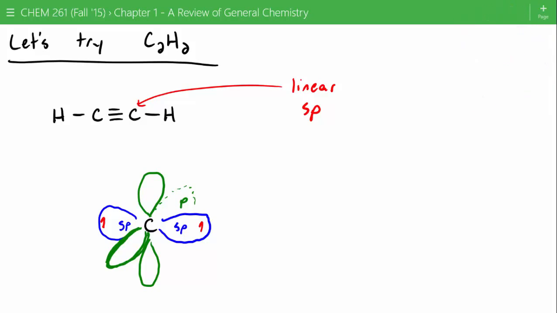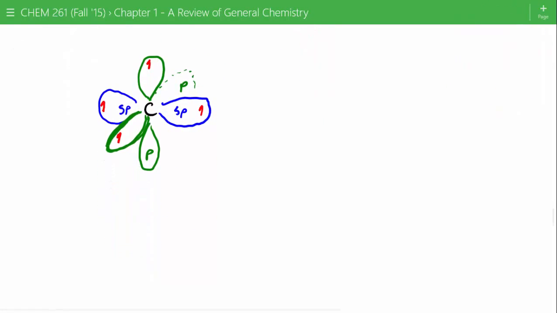We've got a p orbital here, and we've got one electron in each of these. So just like we did with the last one, let's draw the hybridized orbitals here. We've got energy on one side. Our 1s orbital is there. We've got these sp orbitals where we combine one s and one p.